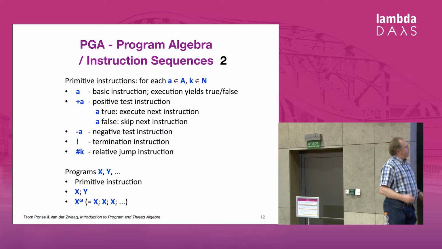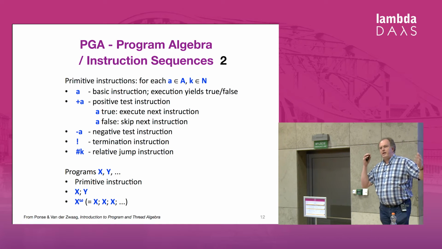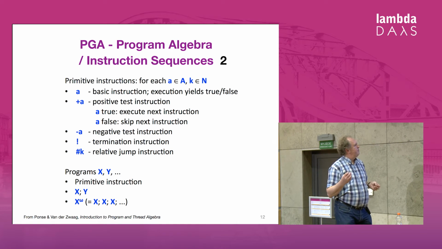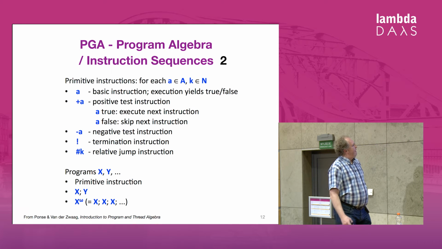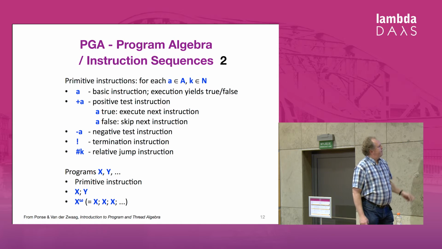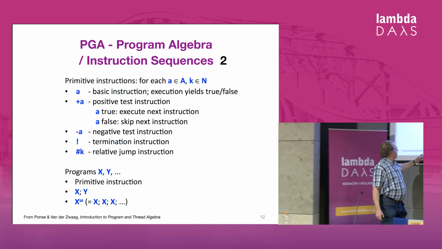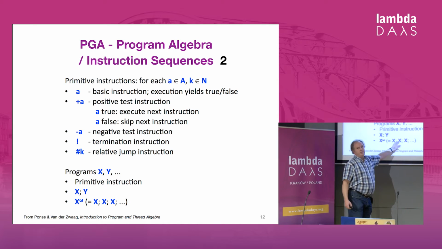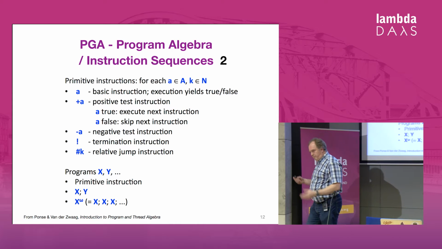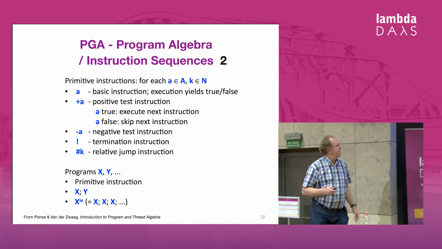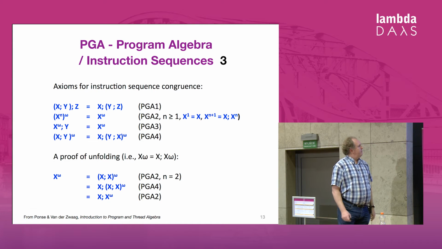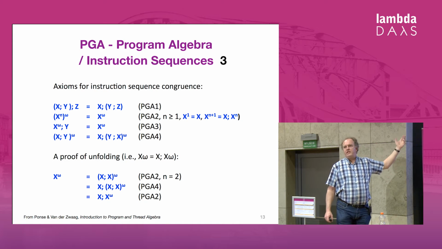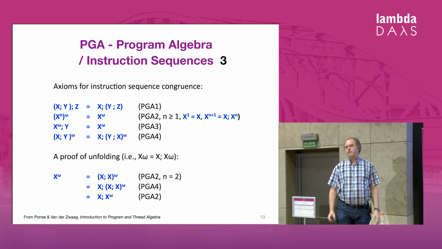And then you can reason about these things and say programs are built of these primitive instructions, and there is a sequential composition. And you can even have an eternal iteration; there's also notation for that. So again, there are these kinds of axioms, and it's very typical for the work of Jan Bergstra.